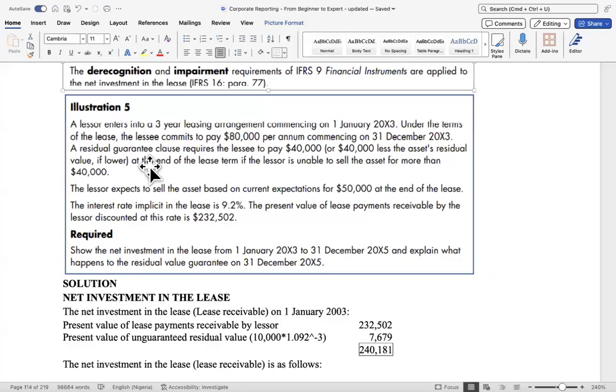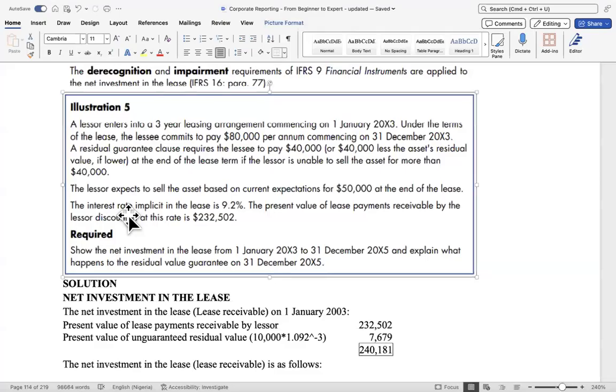He makes more money. The next paragraph says the lessor expects to sell the asset based on current expectation for 50K. This is what I was explaining to you, that the lessor will usually not be satisfied with what the lessee is offering as guaranteed residual value. He will believe he can do more. So here he believes he can do 50K, much more than the 40K the lessee is guaranteeing.